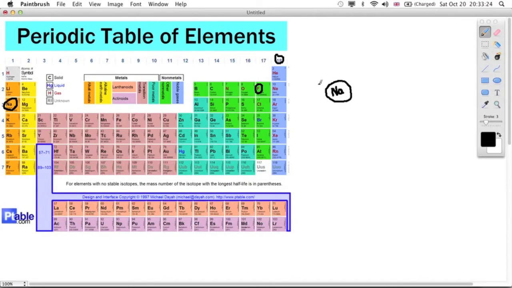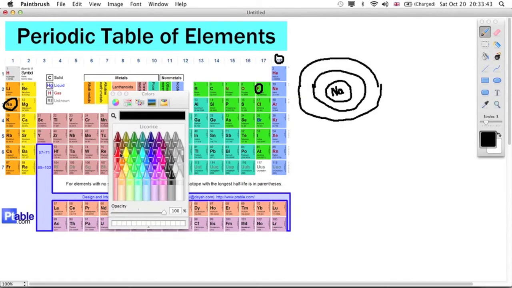So we'll be drawing not all 3 of its shells, but we're only going to be drawing 2 of its outer shells, alright? So don't get confused. We're only going to draw 2 of its outer shells. So sodium, as we remember, the second shell can hold 8 electrons.